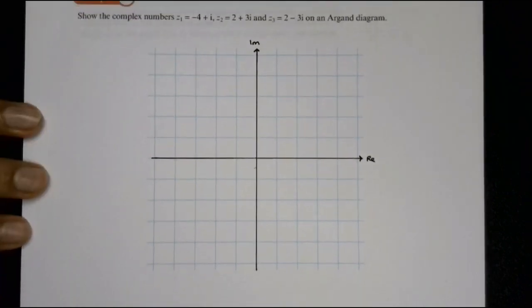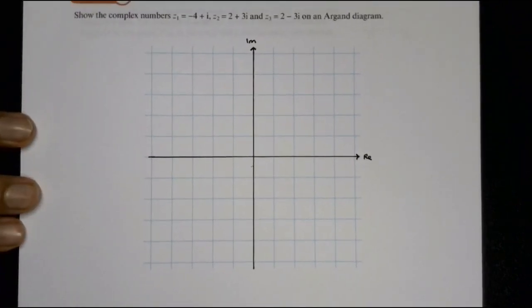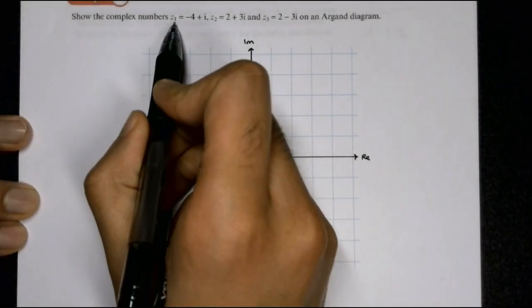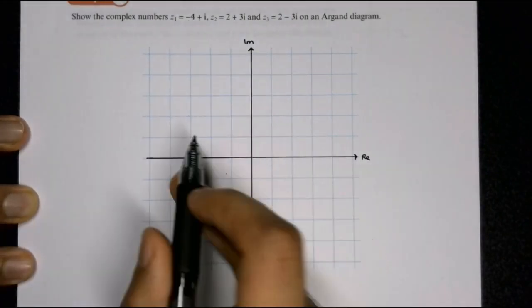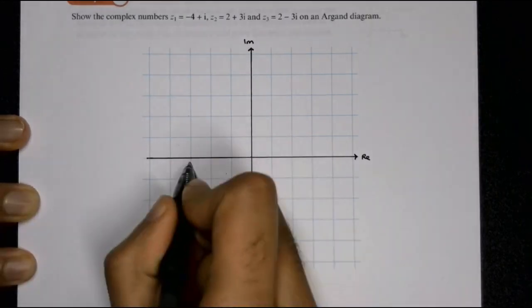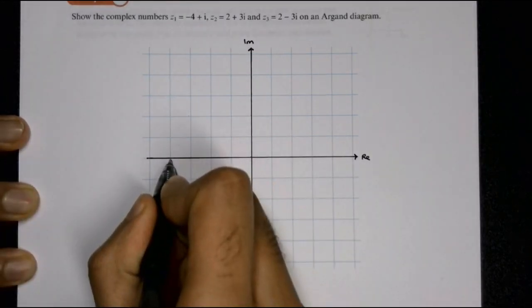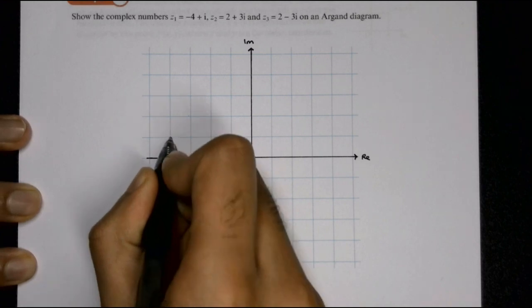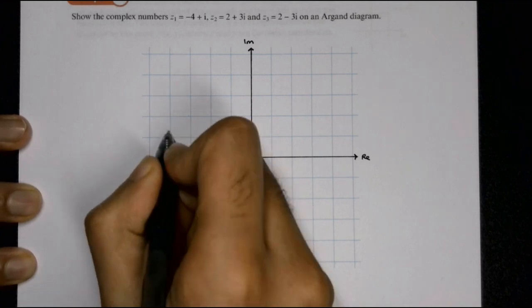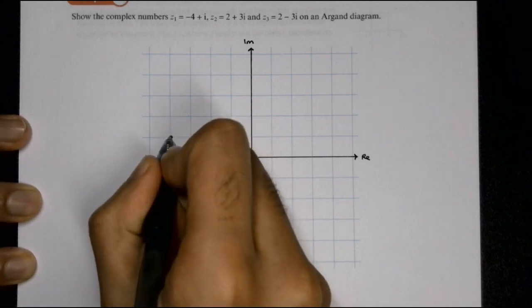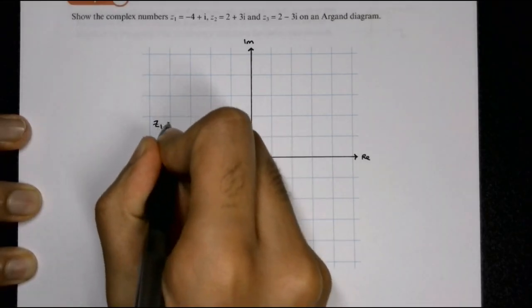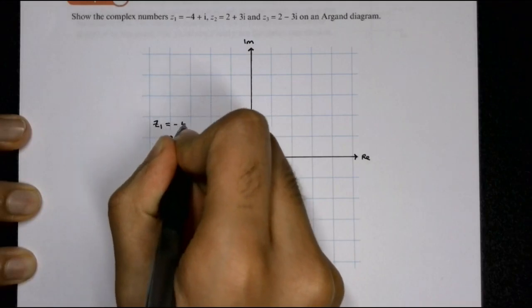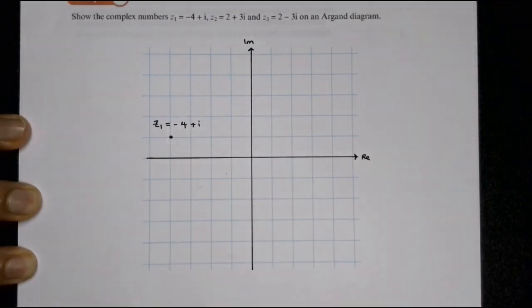So if we consider this Argand diagram over here, and if we consider the point z1, we have minus 4 on the x-axis, 1 on the y-axis. So here is z1, which is equal to minus 4 plus i.